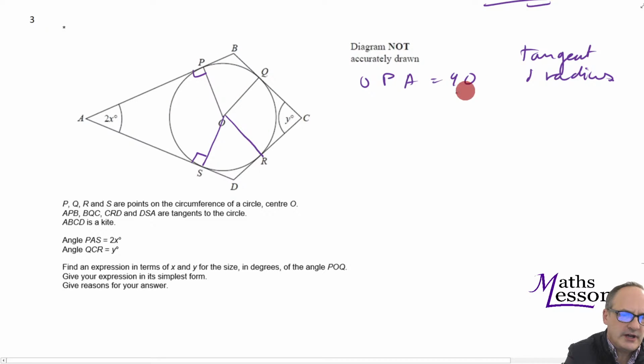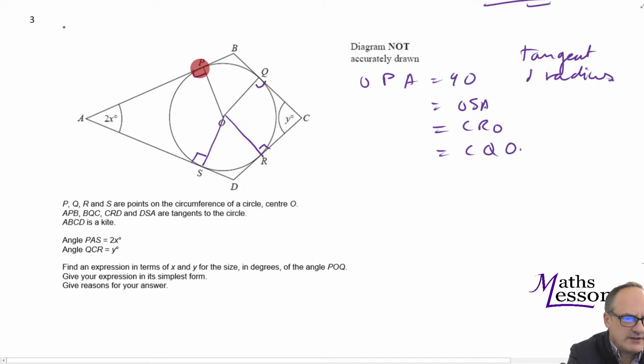So we've got OPA equals 90, and we've got OSA, and we've got that equal to CRO, and we've got that equal to CQO. So all those are equal to 90.